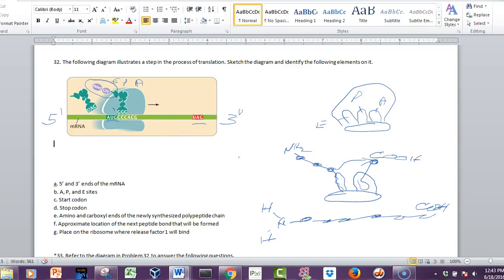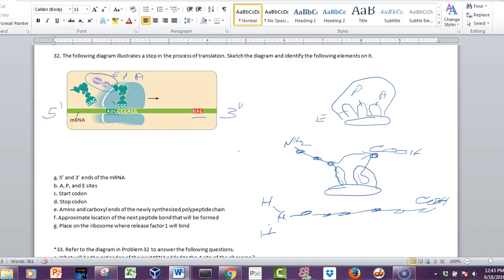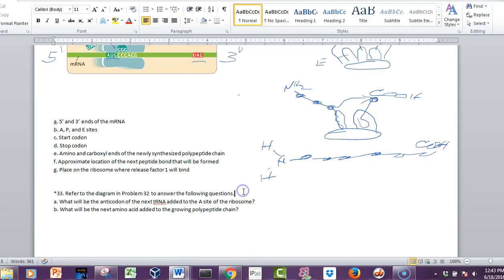And so if we were to label this, this is the N terminus, and then down here is the C terminus of the protein, and that's at the very end.